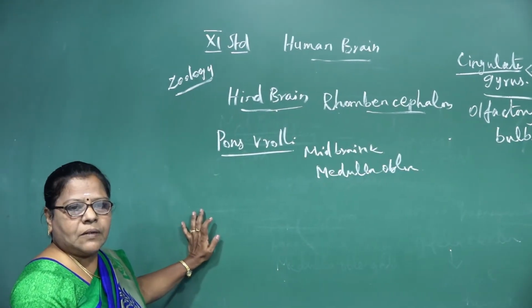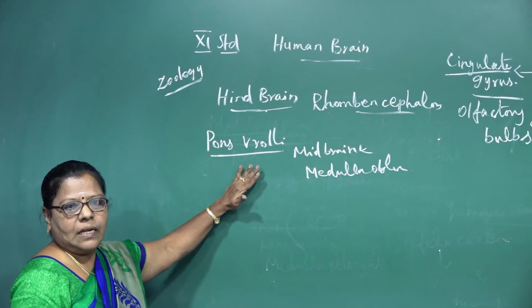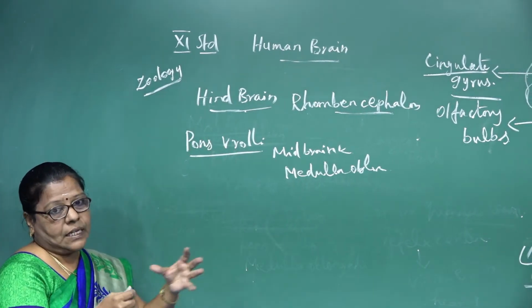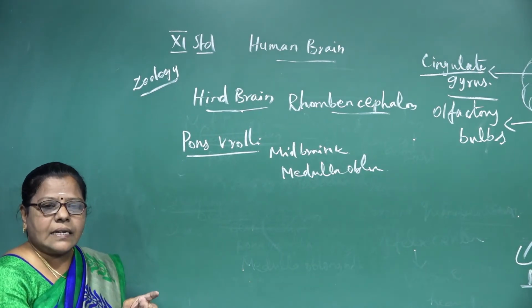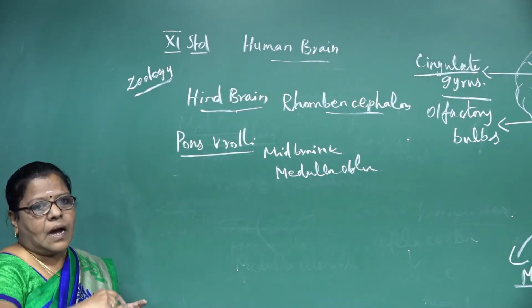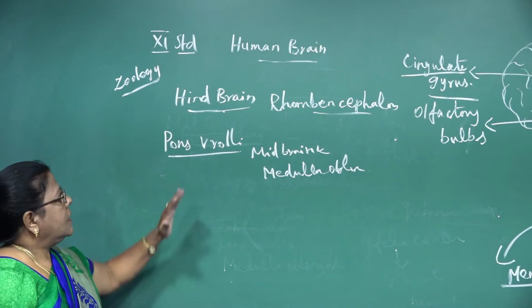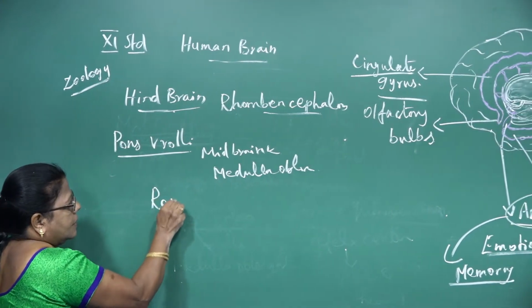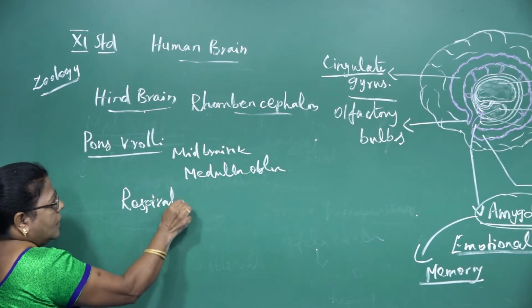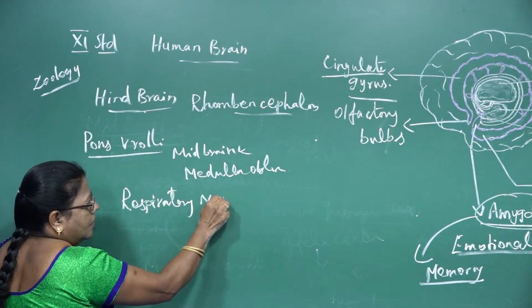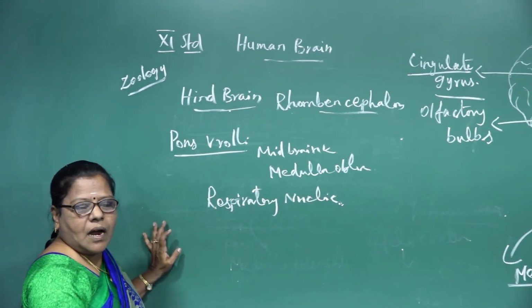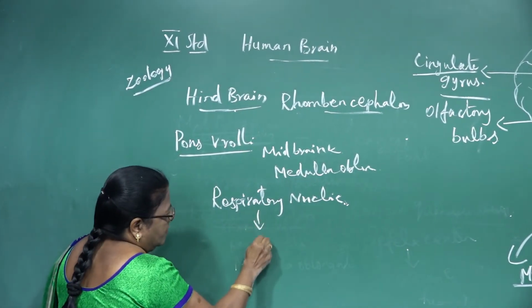The nerve fibers formed from the pons varoli form a bridge in between the cerebellar hemispheres and connect the medulla oblongata with other parts of the brain. This pons varoli has respiratory nuclei. It coordinates with the medulla oblongata and controls the respiration.